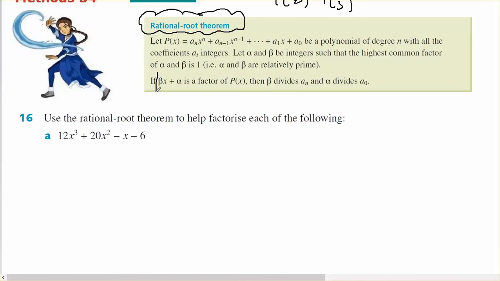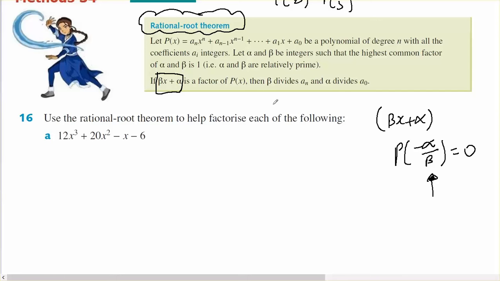Okay, so I'm saying that beta x plus alpha is a factor. Therefore, p of minus alpha on beta is equal to 0. So it's alpha divided by beta.